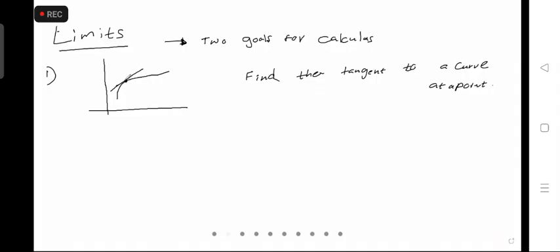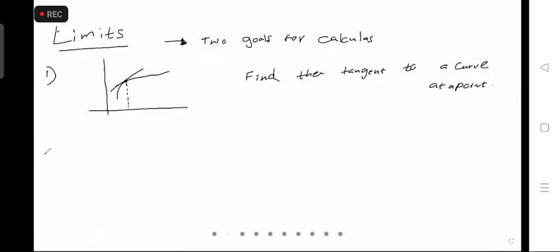Assume that this line is the tangent for this curve at this point. So this is the first thing we can do if we know calculus. So achieving this is one goal.